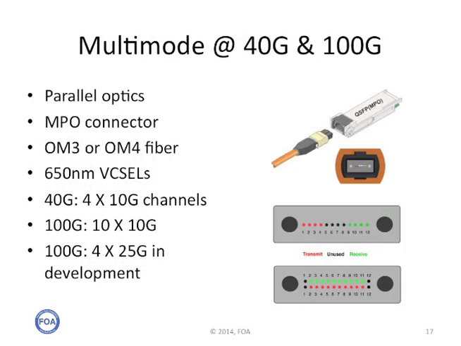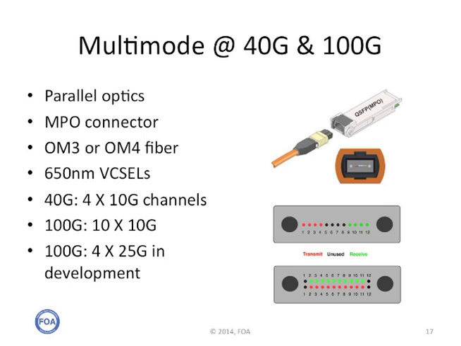Here are examples of 40 gig and 100 gig solutions on multimode fiber. 40 gig uses 4 channels each at 10 gig for transmit and receive on separate fibers. So there are 4 transmit and 4 receive fibers.